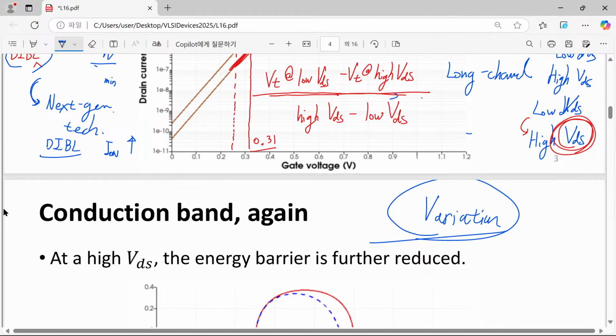We were quite happy, but once everybody can produce this certain technology level, the competition becomes so severe.